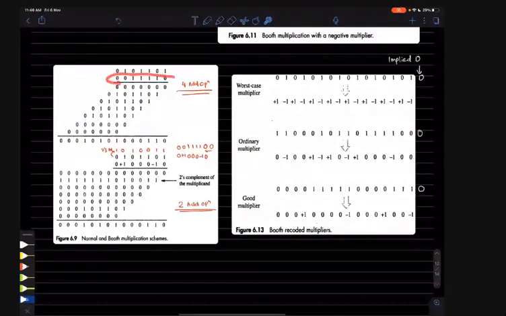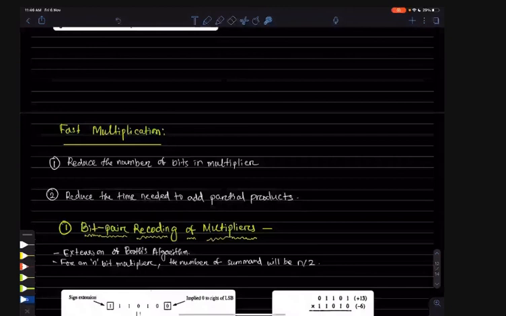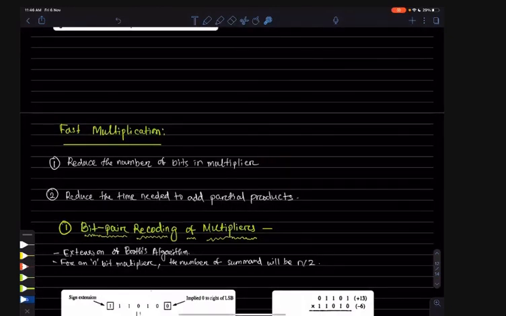How about if we do some coding and reduce the number of bits to n by 2? Then the number of partial products will also reduce to n by 2. Suppose here we will have only 3 bits, then how many times do you have to multiply with the multiplicand? Only 3 times. So that is the main motive of fast multiplication. So how to make it fast?